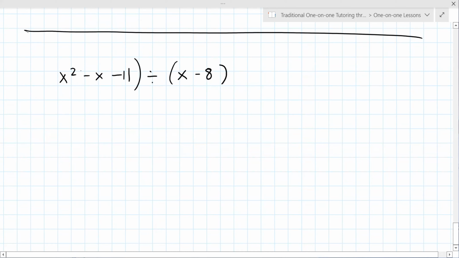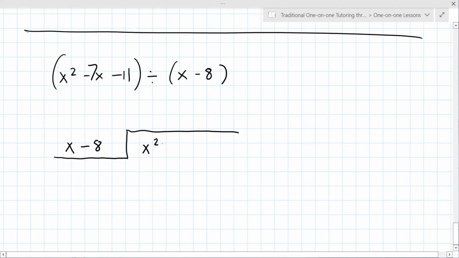Okay, something like this: x squared minus 7x minus 11 divided by x minus 8. So I'm taking you back maybe even 10 years to third, fourth, fifth grade, and you put something outside the house and something inside the house.